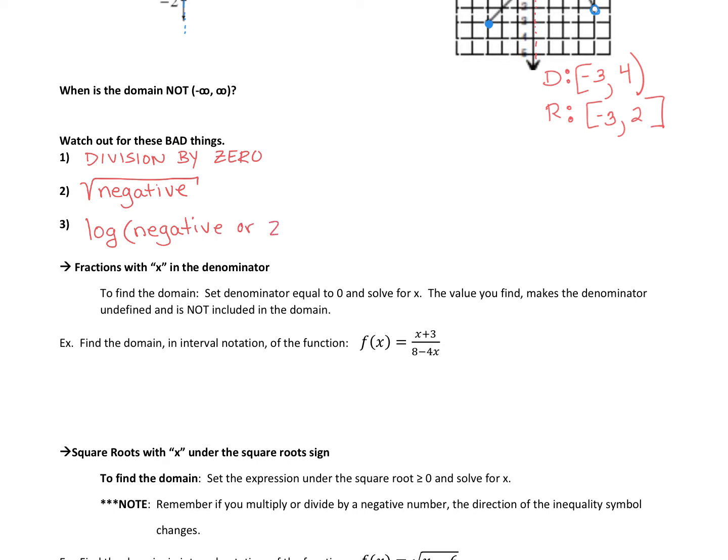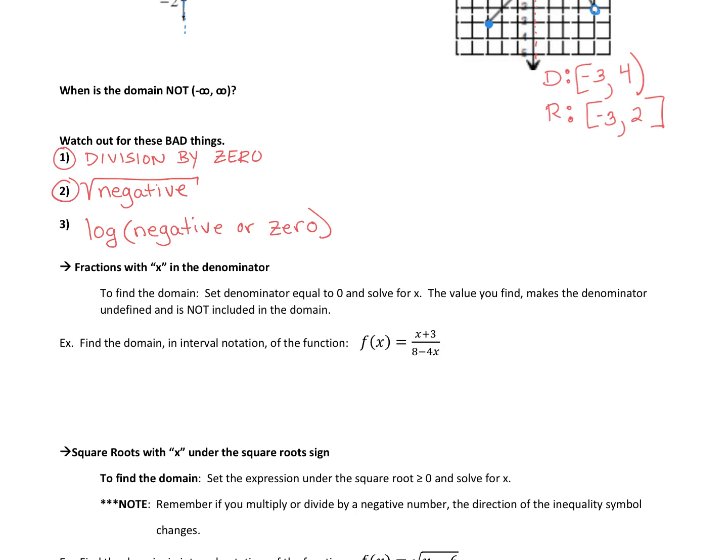Those are all bad. Now, we're going to primarily be working with number 1 and number 2 because we haven't learned yet what a logarithm is. But I want to add it to the list because I don't want us to forget that when we get to logarithms we are going to have to pay attention to that. So, let's take a look at some examples.